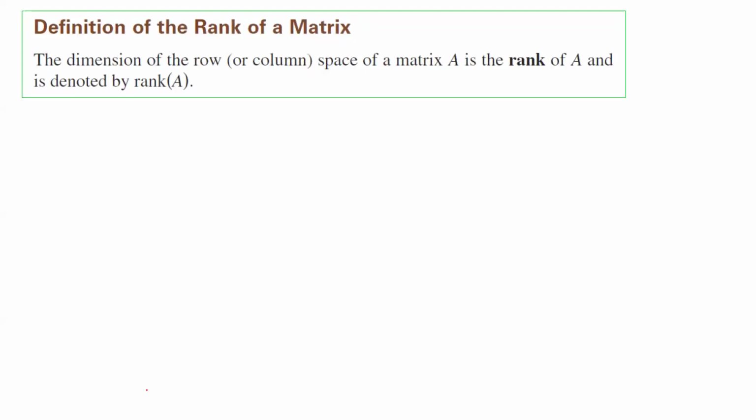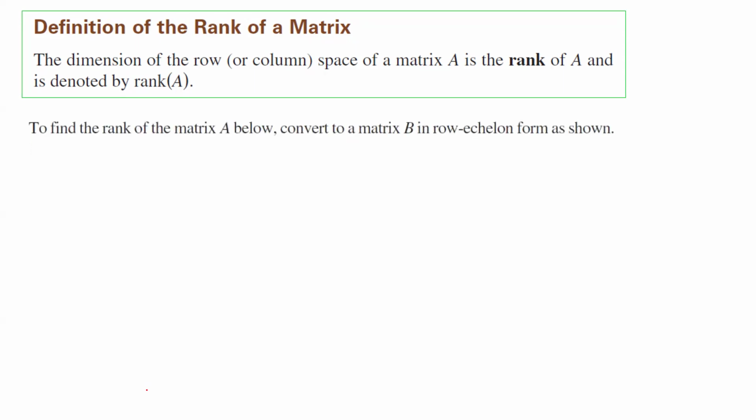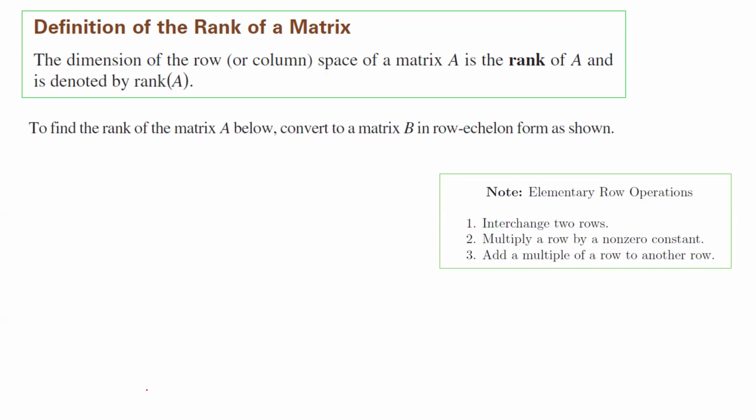The next definition is the rank of a matrix. The dimension of the row space or column space of a matrix is called the rank of matrix A. It's denoted by rank of A. Well, to find the rank of a matrix, we convert it into row echelon form by applying elementary row operations. Take a look.